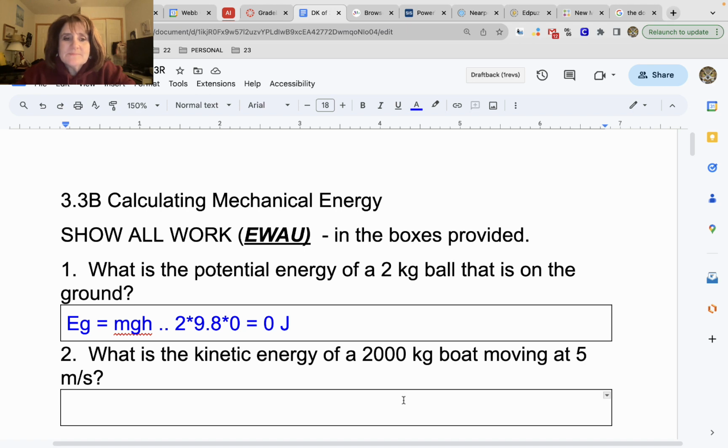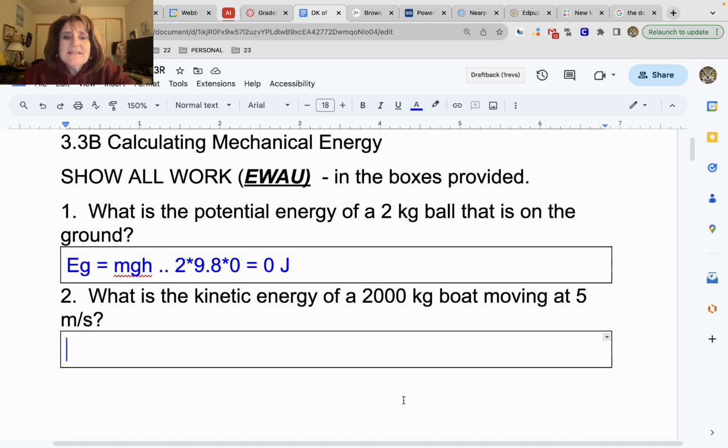Number 2. What is the kinetic energy of a 2,000 kilogram boat moving at 5 meters per second? Your kinetic energy equation, Ek, is equal to 1/2 mv squared. Remember, to get the 2 up into tiny town, you select it and do control period.